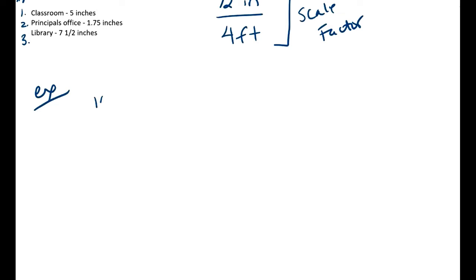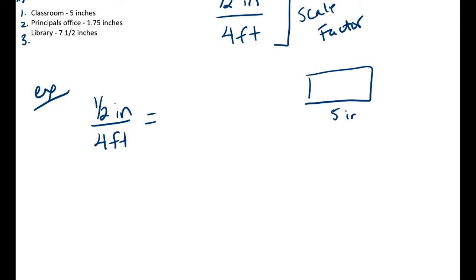Let's use our scale factor of 1/2 inch to 4 feet and find the classroom. Now, on our sheet of paper, it looks like the classroom is 5 inches long. So in order to line this up appropriately, you need to make sure that the same units are on the same level of your fraction.